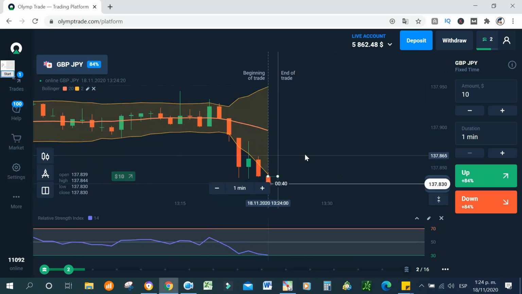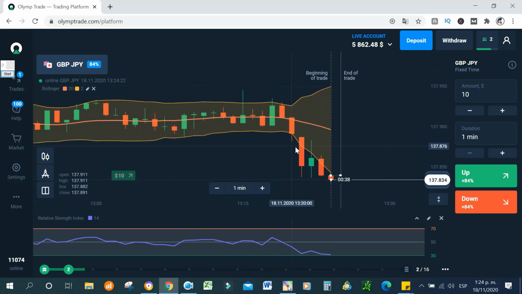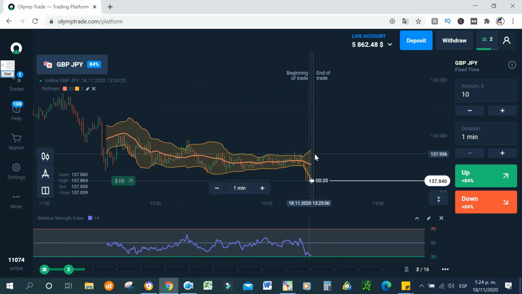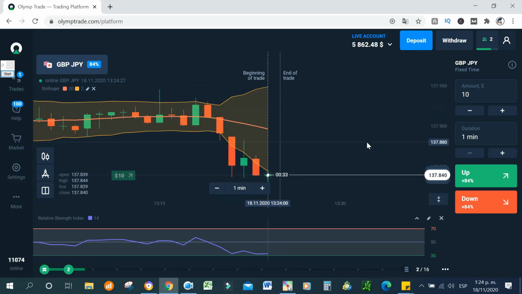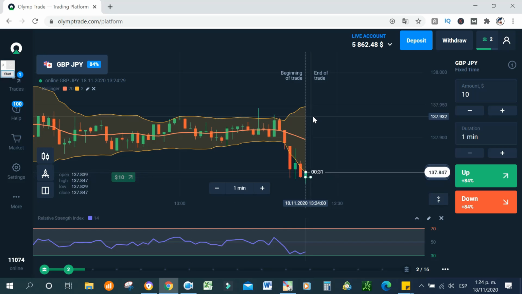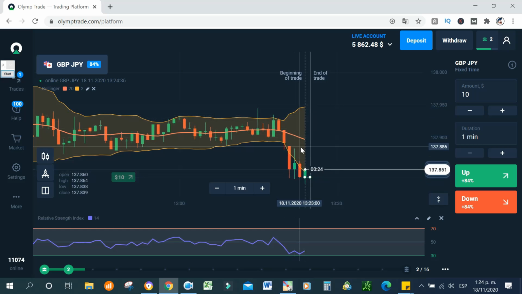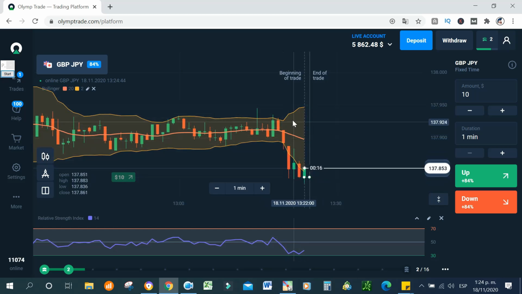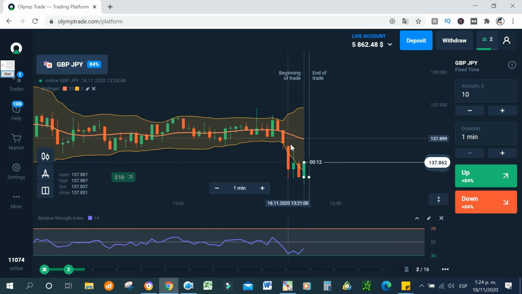So something we need to consider is that whenever we have the Bollinger Bands open like this, we need to be careful, because that means the price is very volatile on one of the sides, in this case to the downside.